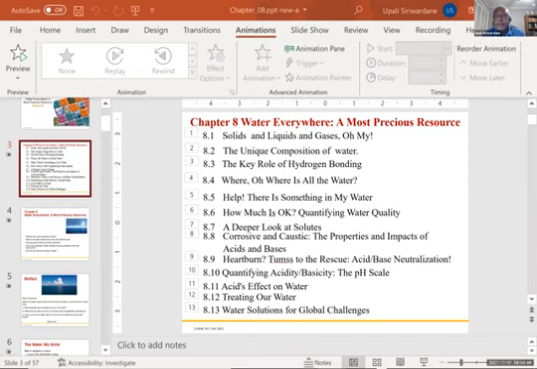So we were on slides explaining concentration of solutions, different solutions, parts per million, parts per billion, molarity. So we're going to continue from there.